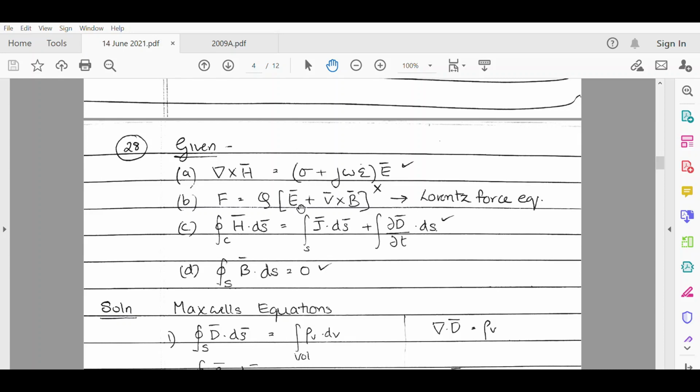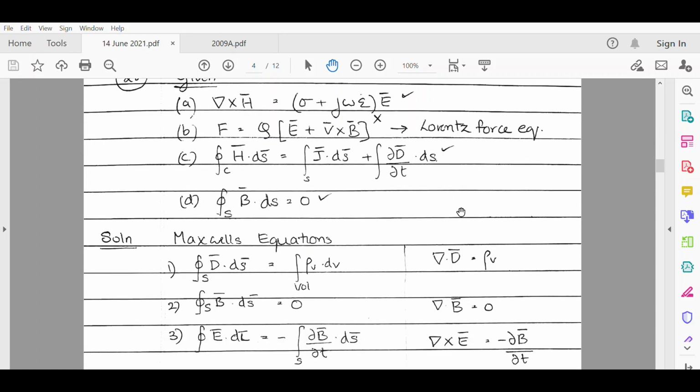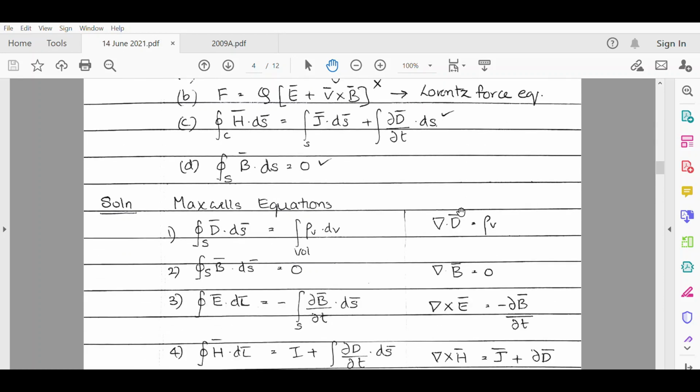Now if we were to see the third option provided, this is nothing but a straightforward form of the fourth Maxwell's equation, and the fourth option is straightforward Maxwell's second equation in the integral form.